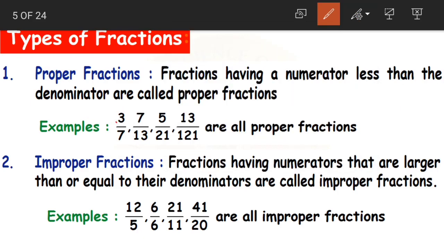One example to remember what is called a proper fraction is this: consider the numerator as a child and the denominator as a father.